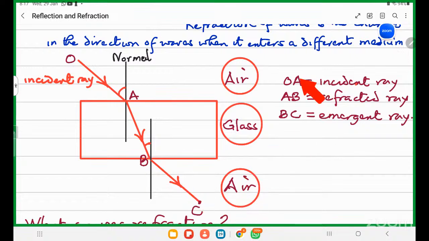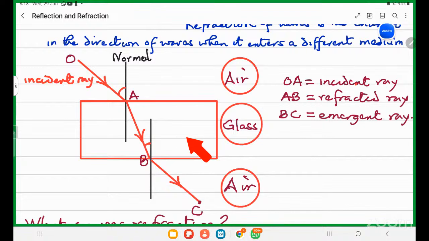So now from the position O to A, the ray of light from O to A, we call it the incident ray. Okay, then from A to B is the refracted ray. You can see the ray of light being refracted, okay? And at the same time, it emerges through B and C, okay?